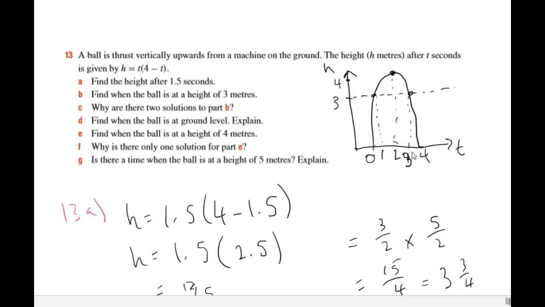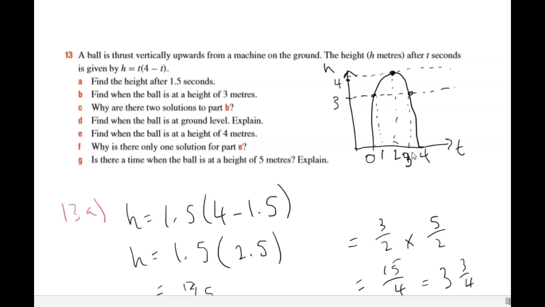Is there a time when the ball is at a height of 5 meters? No, there's not. If we were to do that, we wouldn't be able to get a solution. Just thinking while I'm doing that, you wouldn't actually get a solution because h can't equal 5. Your highest point is h equals 4.